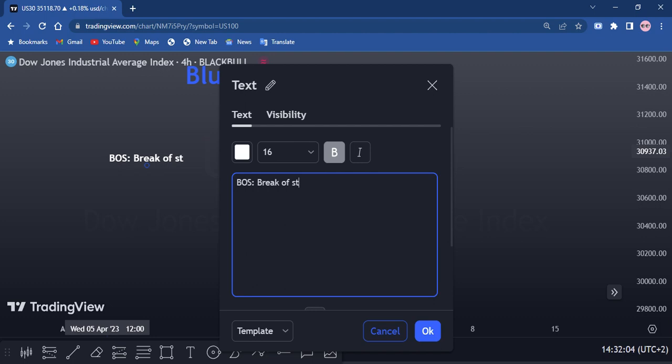Break of structure. And every time you see CHoCH, just know that we're talking about change of structure. So it's when the structure is changing from an uptrend to a downtrend. Change.